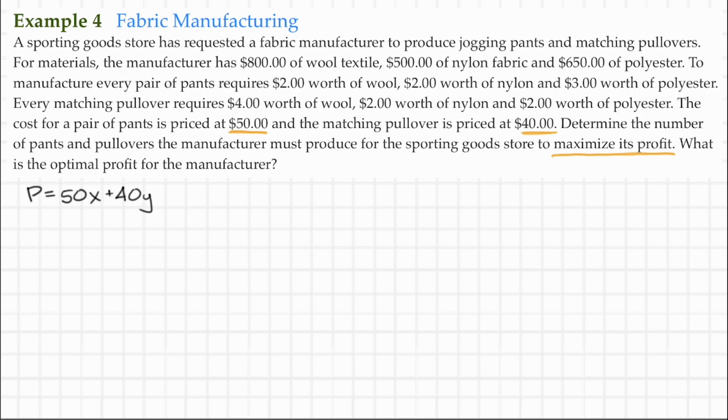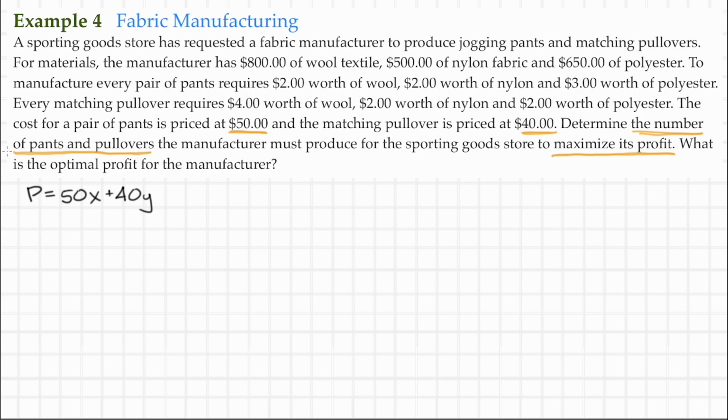So the next thing is to express the linear equations with slack variables that represent the problem. And we'll do that by building a table. So we could see right here we want to determine the number of pants and pullovers. So that's going to be our variable. That's our unknown. And in our table, our variable is going to go across the top of the table, creating these columns.